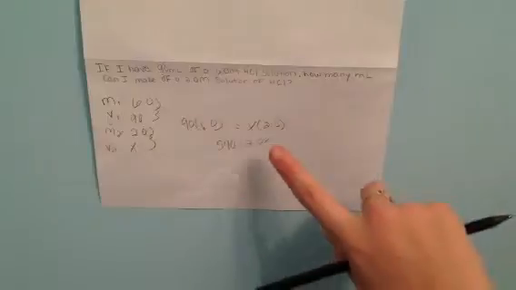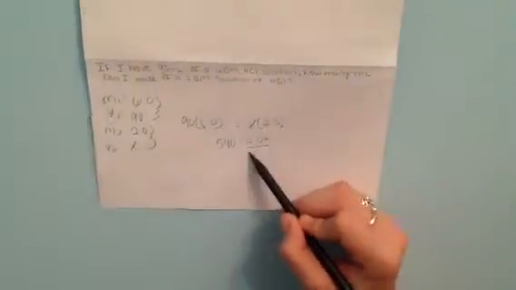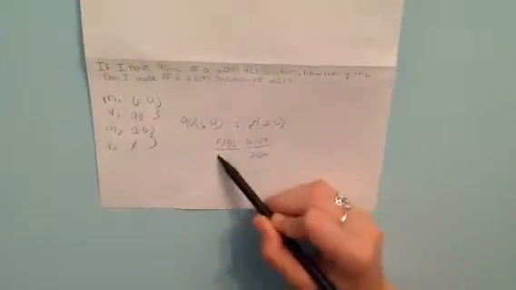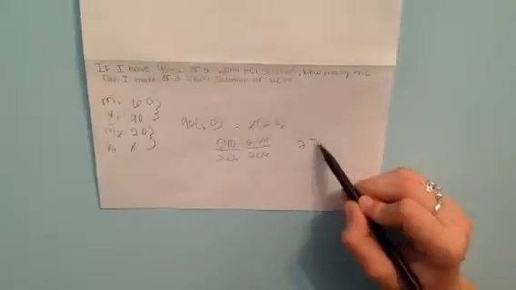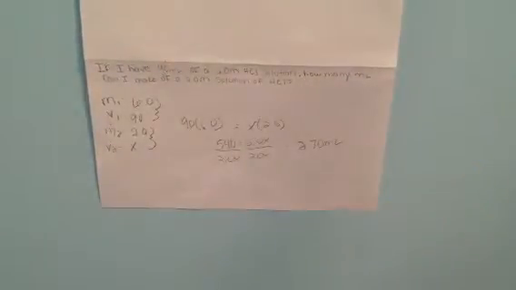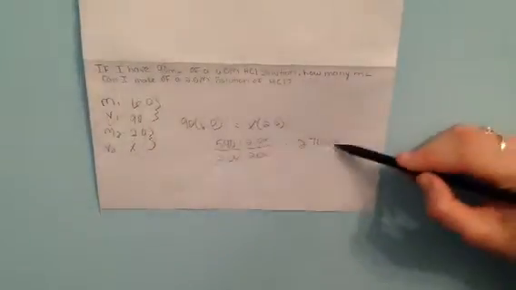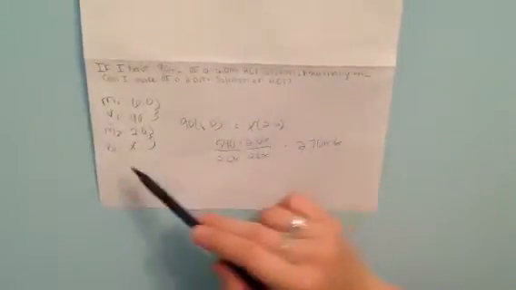So now you're just basically going to solve this like an algebraic expression. You're going to divide 540 by the 2.0, and so what you get from there is 270 milliliters. And you don't have to convert this to liters or anything because that's what they're asking for.